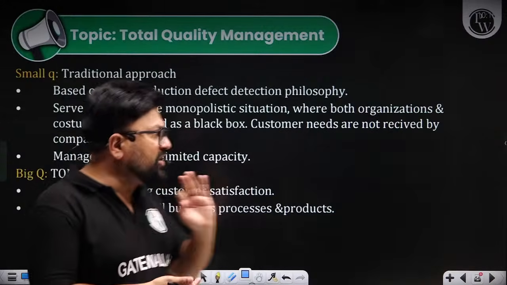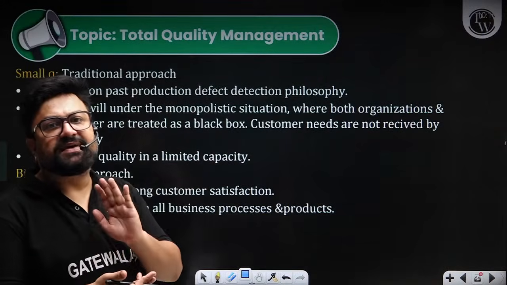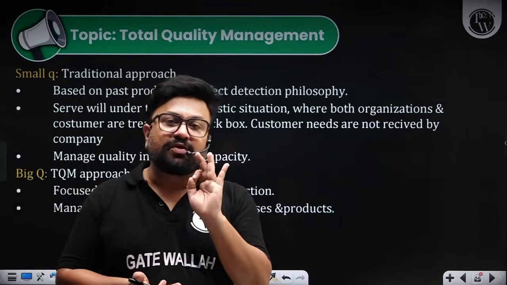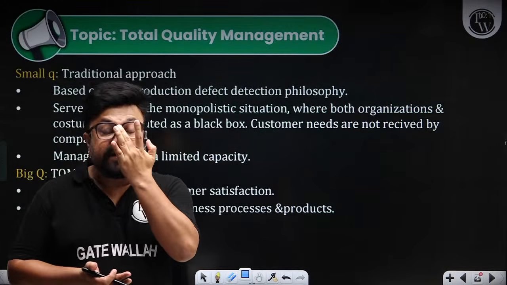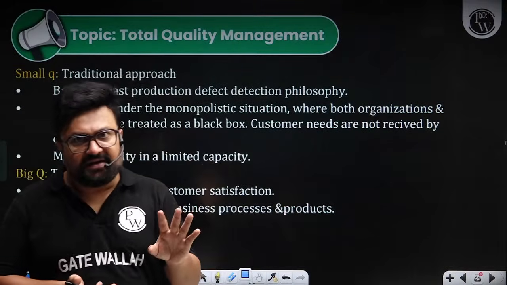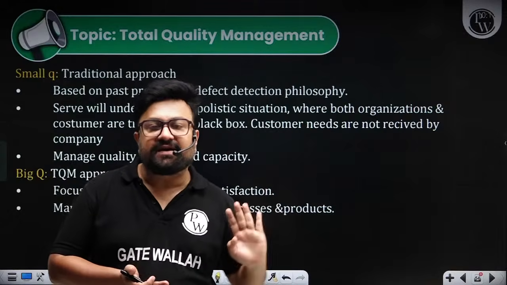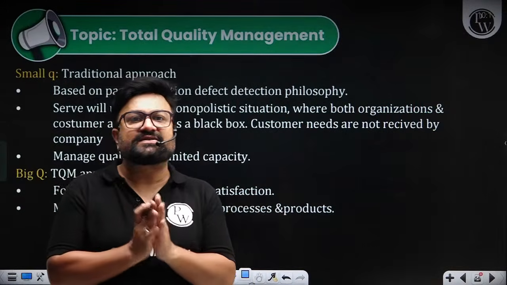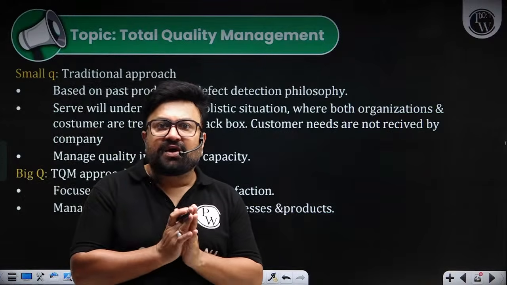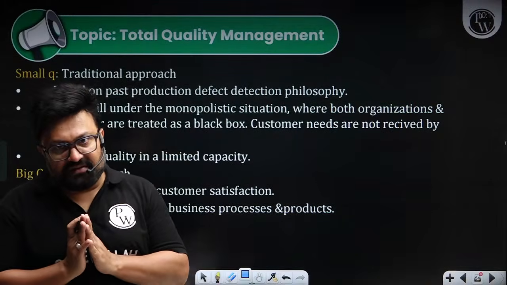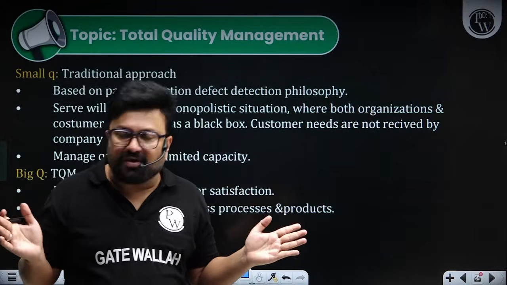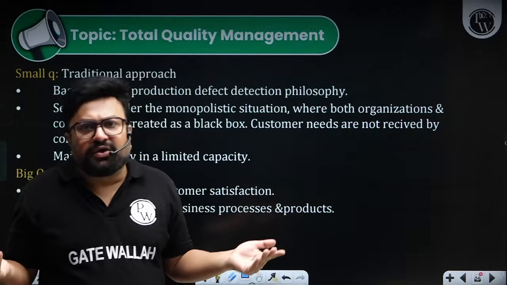So in small q or the traditional approach, it is based on past production defect detection philosophy. If in the previous manufacturing there is any defect, then they focus only on that. They will not focus on the customer feedback. Here it is a monopolistic situation where both organization and customer are treated as a black box, meaning they don't know what is going to happen.